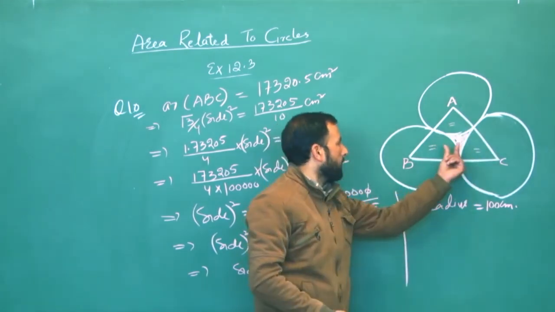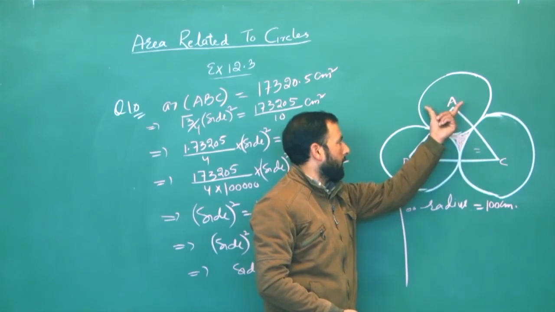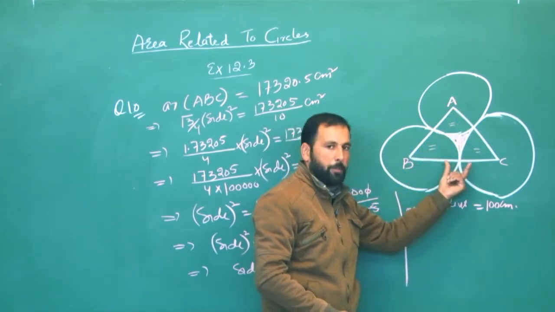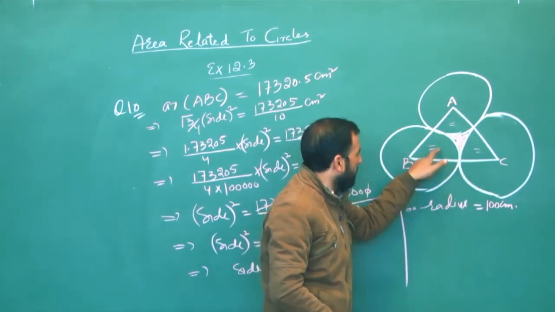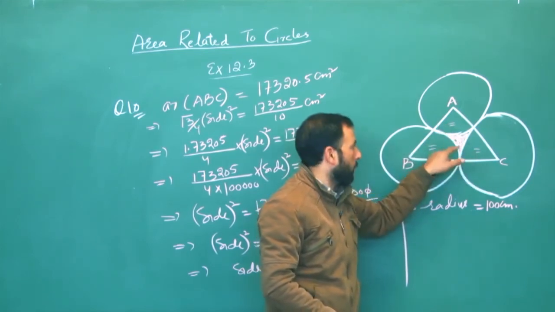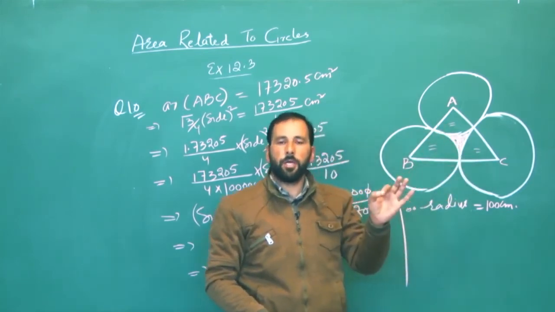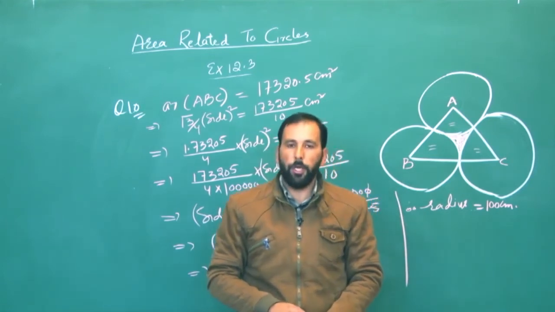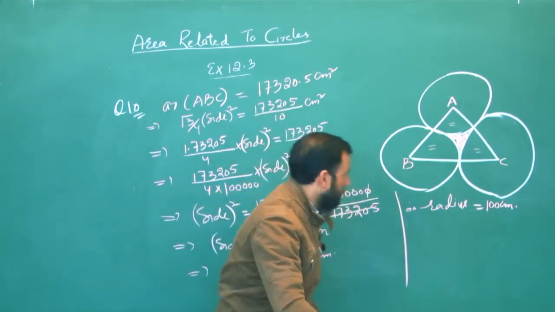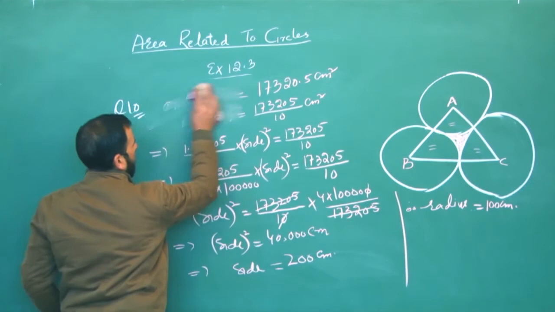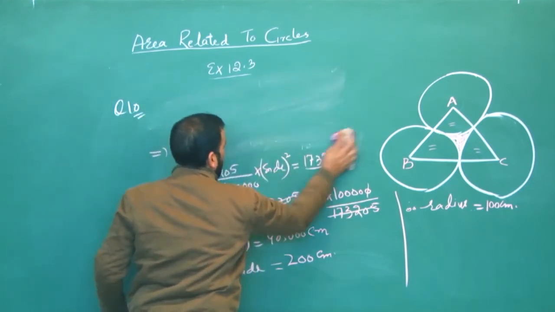So, for finding the area of the shaded region, we can take the area of the whole equilateral triangle ABC minus 3 times the area of a sector. So, we know what is the area of a sector? Theta divided by 360 into pi r square. So, for finding the area of sector, we can use the formula.